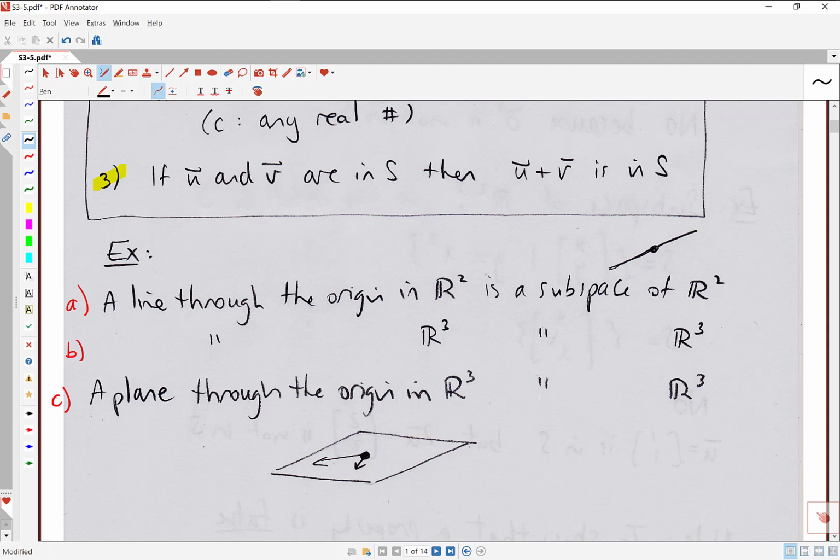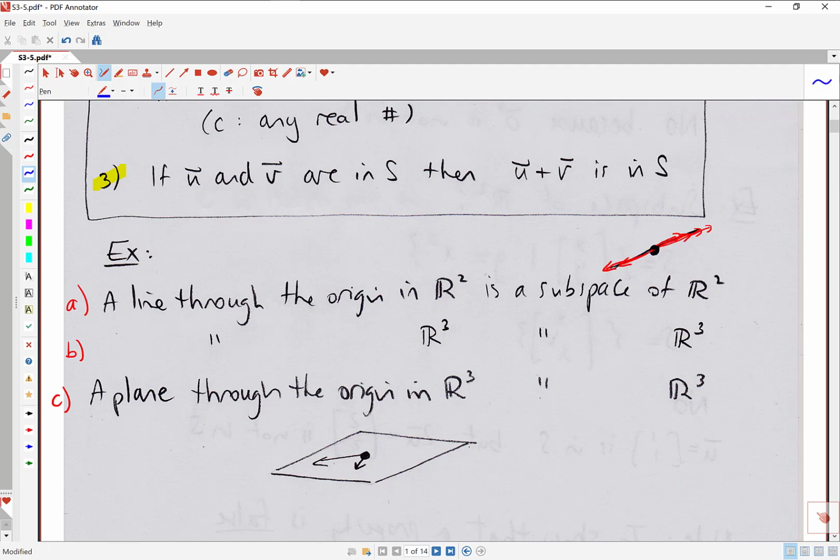We've got this line through the origin, which contains the zero vector because it goes through the origin. So definitely property 1 is satisfied. If you choose any vector that lies along that line, certainly all the multiples of the vector are also contained in this set.